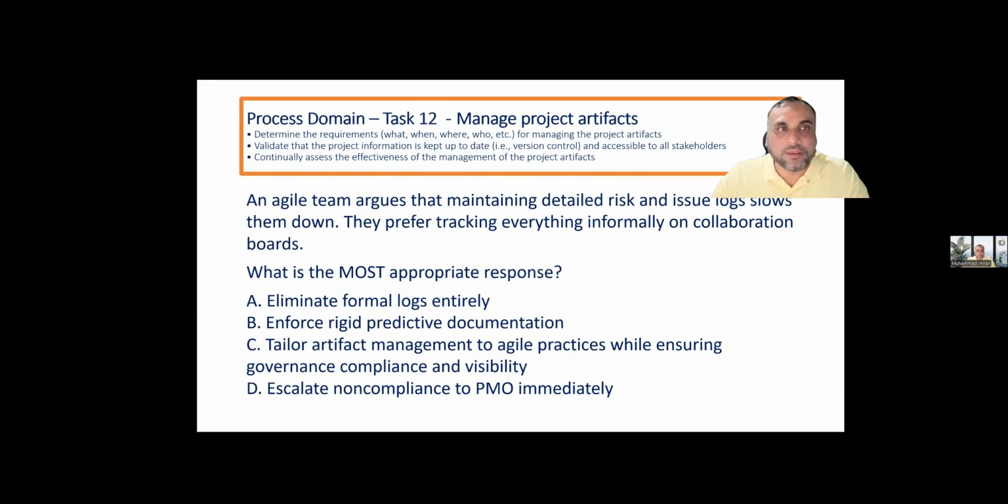Perfect. Next, an agile team argues that maintaining detailed risk and issue logs slows them down. They prefer tracking everything informally on collaboration boards. What is the most appropriate response as a project manager?